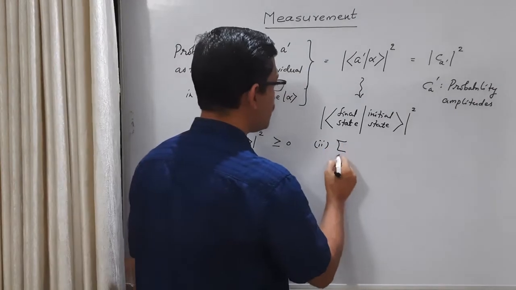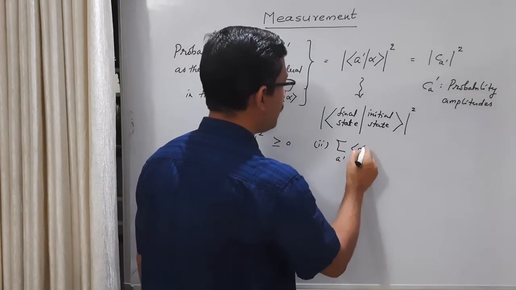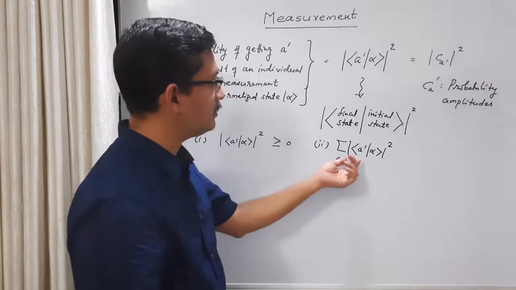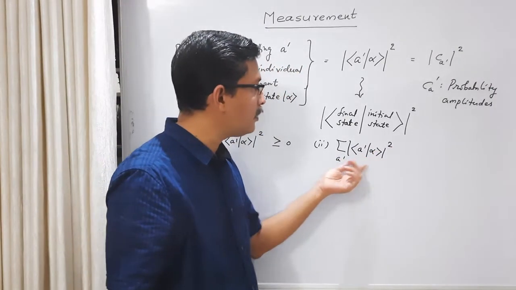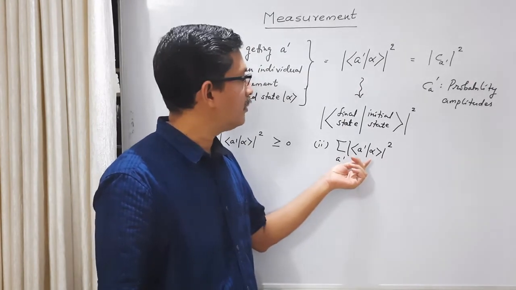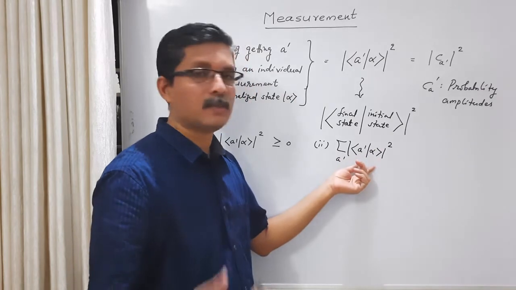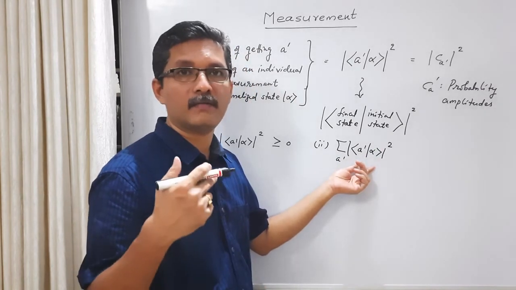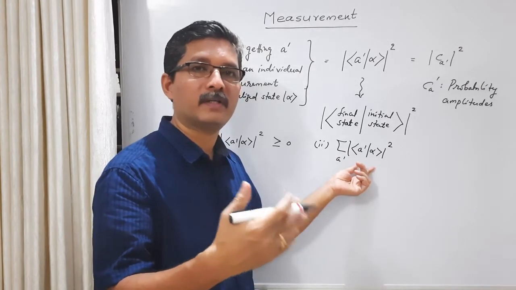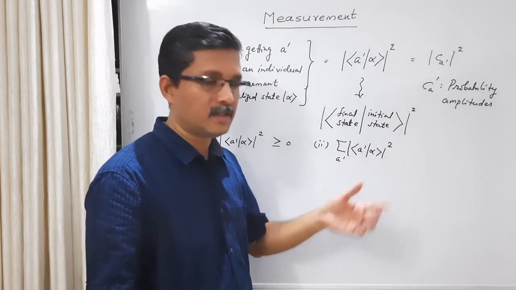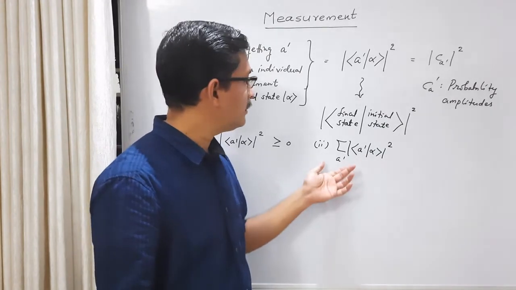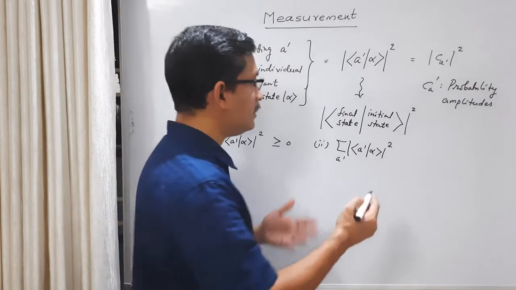What is this summation over A prime of the inner product of A prime and alpha, squared? The sum of these probabilities over all possible eigenkets. Something like A1 alpha squared is the probability of getting eigenvalue A1 as the result of a measurement, A2 alpha squared is the probability of getting A2, and so on. So if we consider all eigenvalues, that means all eigenkets, then what is the total probability? Let us see if it is 1.